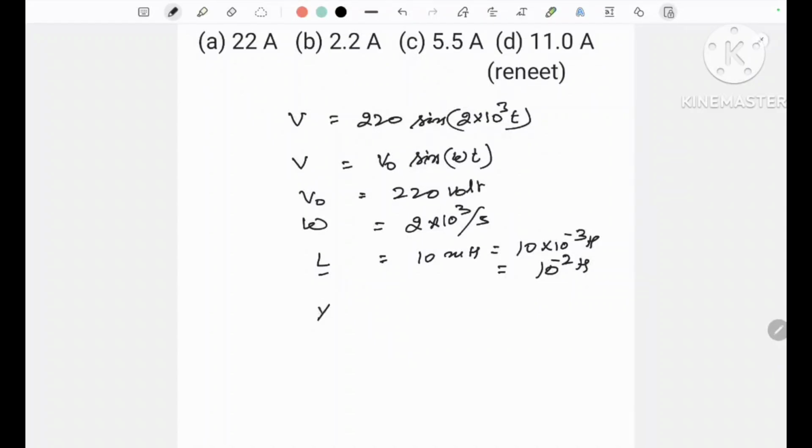Inductive reactance XL will be omega L, or 2 into 10 to the power 3 into 10 to the power minus 2, which is 20 ohm.